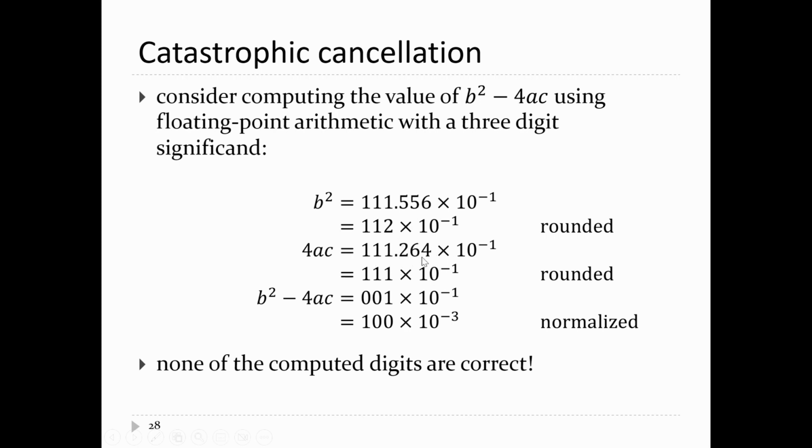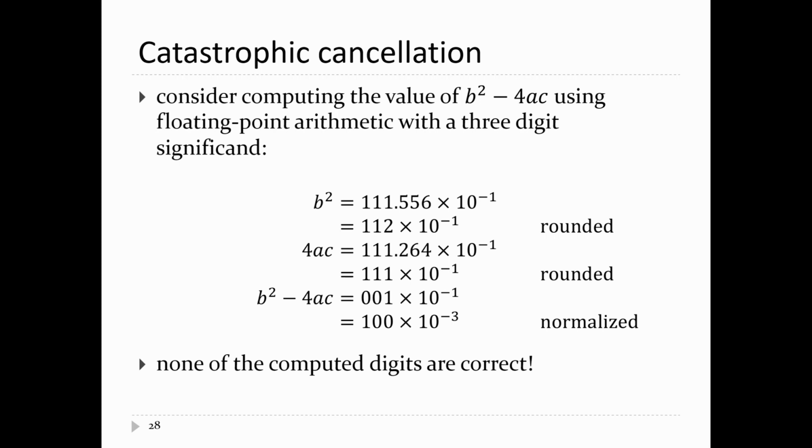Again, too many digits, I can only keep 3, so I'll round to get 111 times 10 to the minus 1. So I've got my two results, b squared and 4ac. Both of them contain error. Here I've lost 0.4 something, roughly. Here I've lost 0.264.